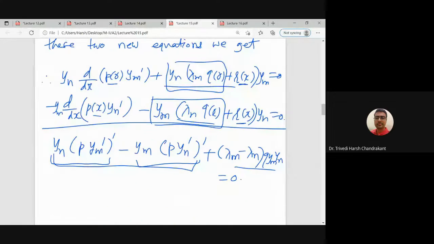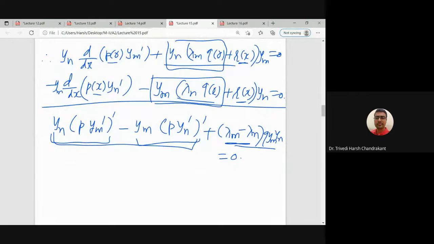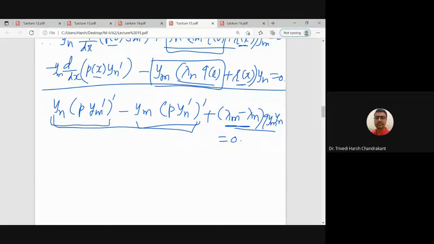So the corresponding term we are getting is lambda m minus lambda n. Let us integrate that. So we will integrate lambda m minus lambda n, integral a to b q times ym into yn dx.